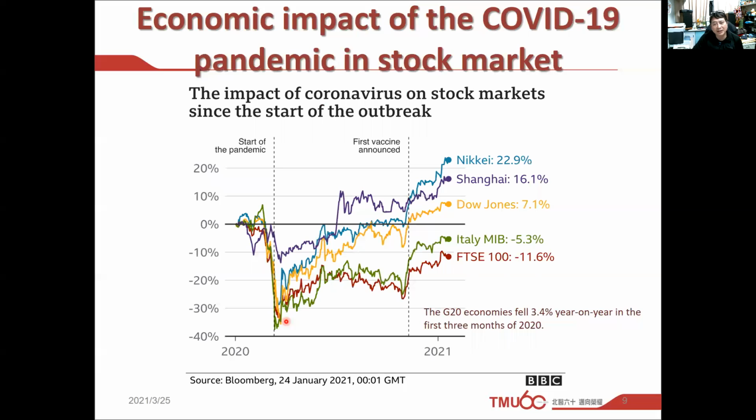It has been calculated that the G20 economies fell 3.4% year on year in the first 3 months of 2020. Until January of this year, some stock markets have recovered, especially in Japan, China, and Wall Street, United States. However, the European stock market is still on the way to recovery.